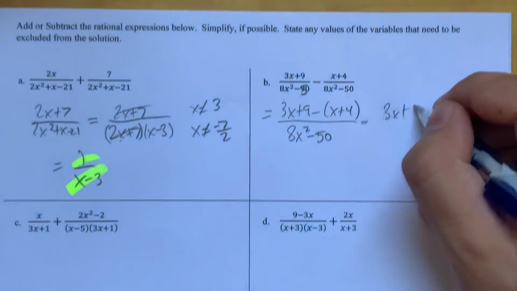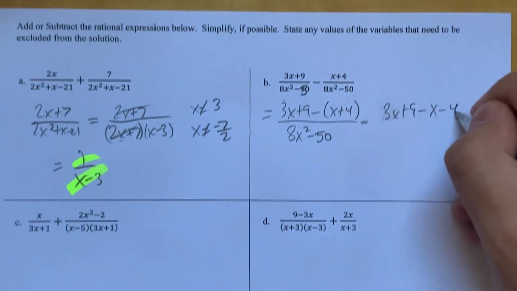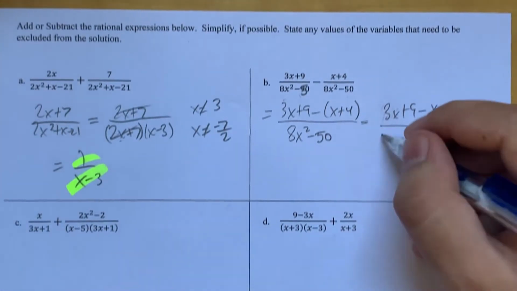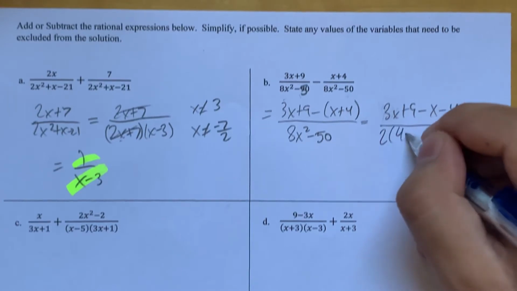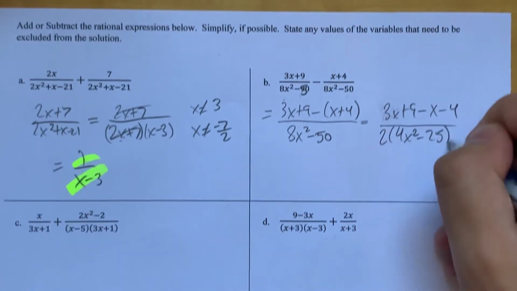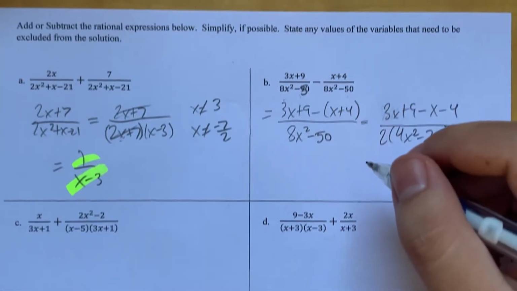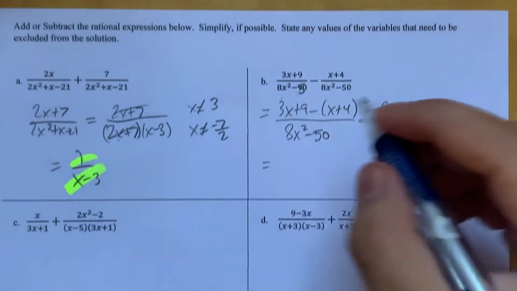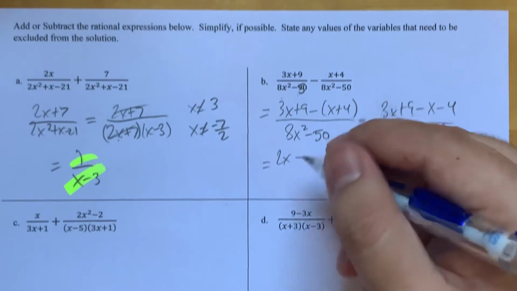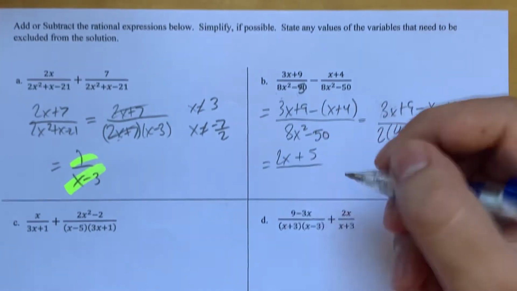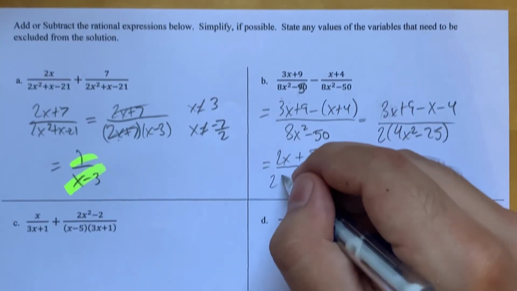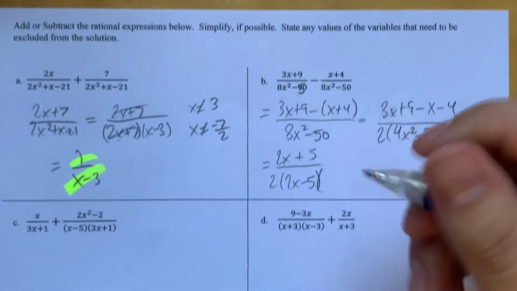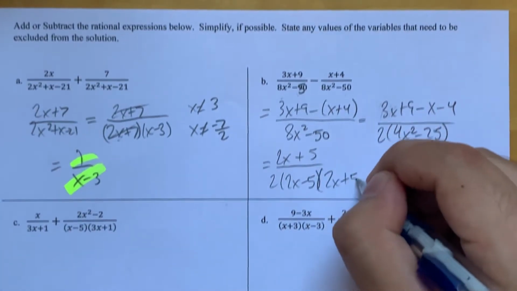So we get 3x plus 9 minus x minus 4 divided by, well, can we pull out anything from the bottom? 2. So we get 4x squared minus 25. Right? And then we'll get 2x plus 5 divided by 2 times 2x minus 5 times 2x plus 5. Right?